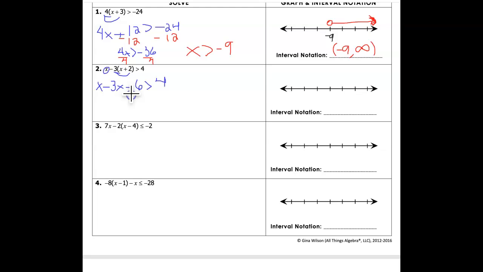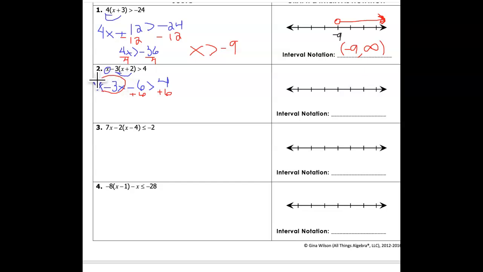So now we'll move the 6. It's being subtracted. We're going to add 6 to both sides, plus 6 on both sides. And then I'm also going to combine these two x's. So 1 minus 3 will give me negative 2x is greater than 10.